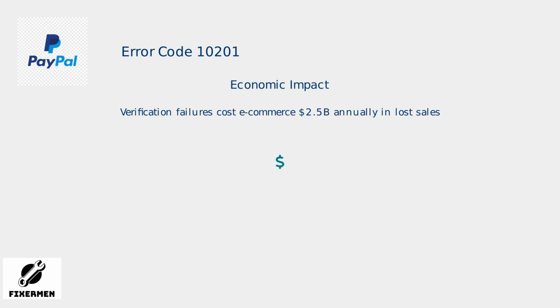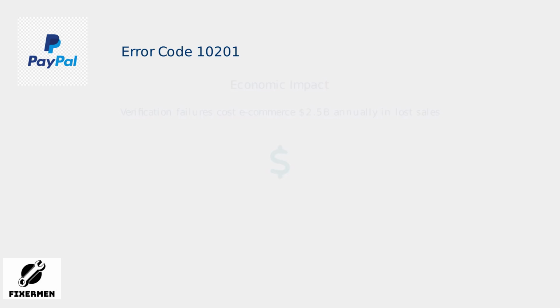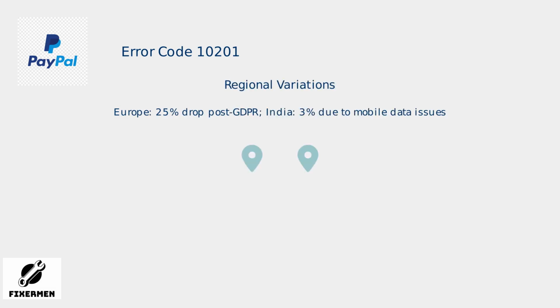Globally, verification failures like error 10201 result in an estimated $2.5 billion in lost e-commerce sales annually, according to industry studies. Regionally, error 10201 incidence has dropped 25% in Europe following GDPR updates, while in emerging markets like India, it persists at around 3% due to mobile data challenges. Understanding these statistics helps manage expectations and prioritize support resources for users experiencing error 10201.